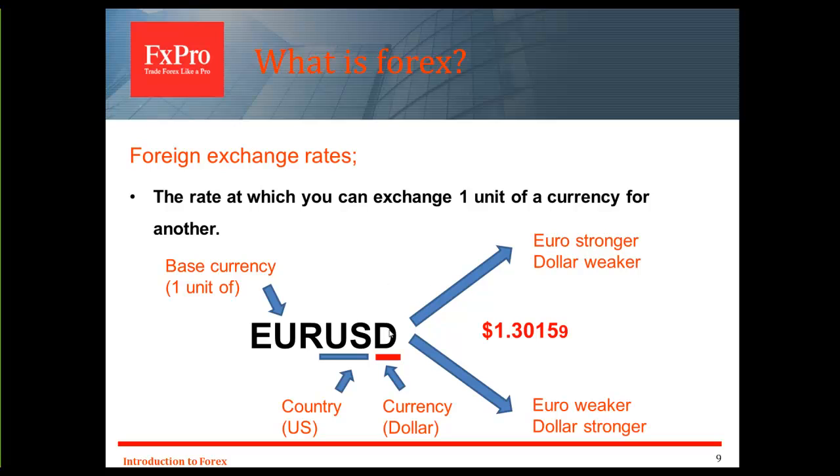So yes, if this moves higher from 1.3015 to 1.32, for example, the euro is stronger, but also just as equally the dollar is weaker. And the opposite holds true. So if we see euro dollar moving lower, so say we went down to 1.2900, that's the euro weaker and the dollar stronger. Again, I make the point that it's currency pairs. So it's just as equally saying that the dollar is strengthening as the euro weakening.